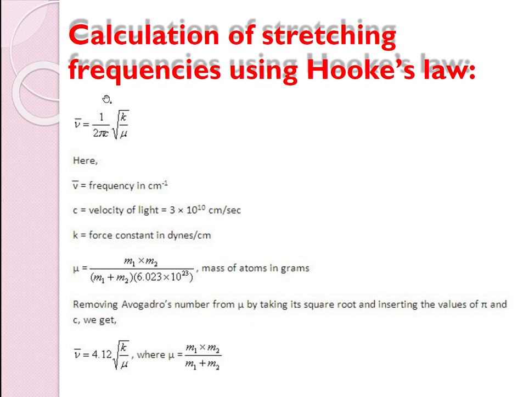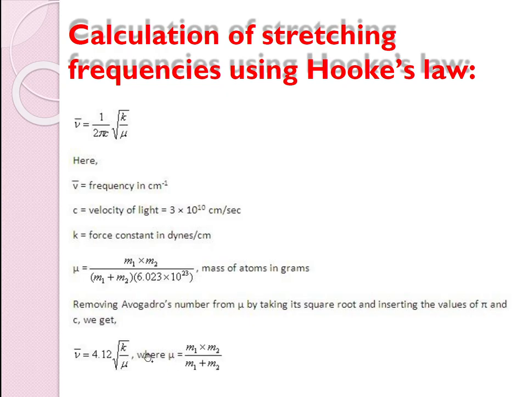Then here are some calculations regarding the stretching frequencies using Hooke's law. Whenever they give you a bond, like CH, then you can easily calculate the stretching frequency by utilizing this formula. In this formula, c is the velocity of light, k is the force constant, nu bar is the frequency in cm⁻¹, and mu is the reduced mass.